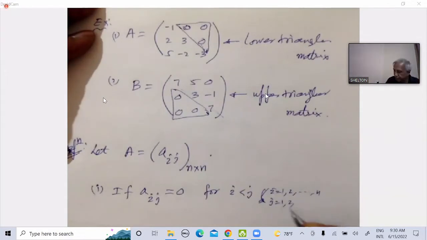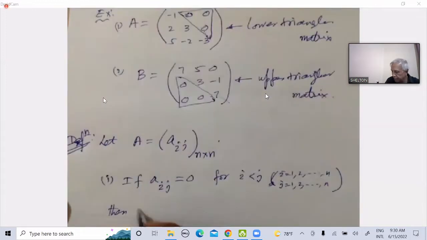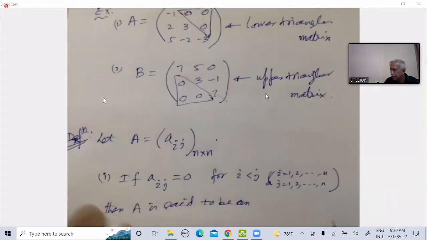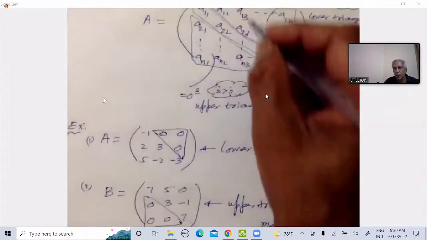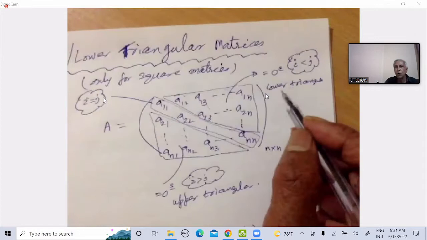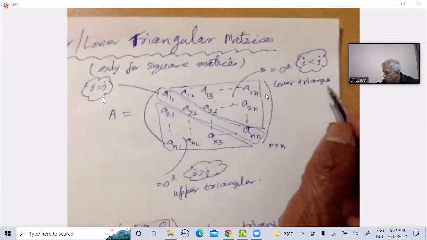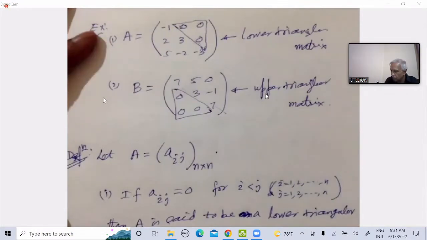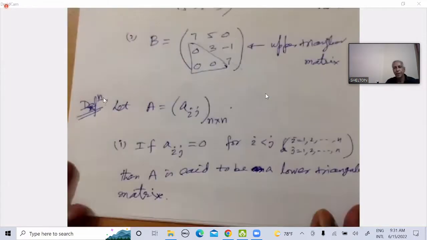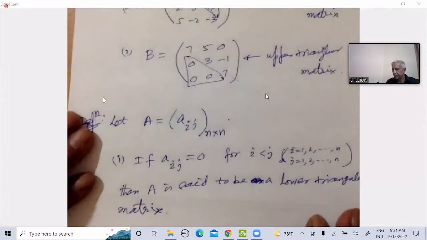For I less than J, then the matrix A is said to be, so these are all zeros, then we say it's a lower triangular matrix. Lower triangular matrix.